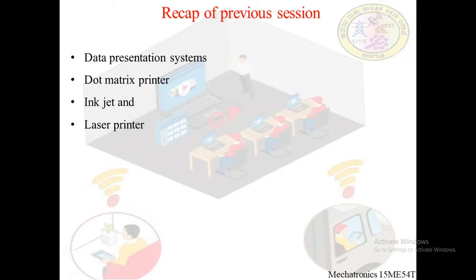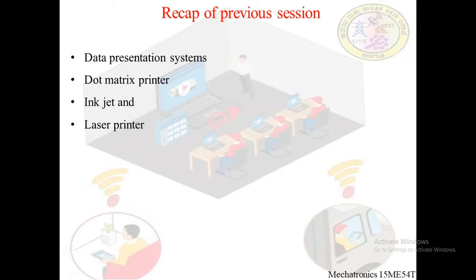In the inkjet printers, we saw the different types of inkjet printers, that is piezoelectric type and bubble or thermal inkjet printers. The fundamental concepts of working we have understood in detail.